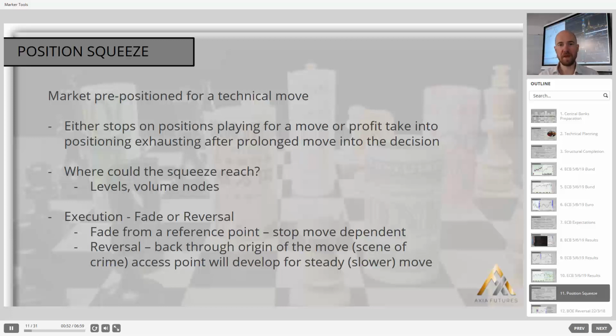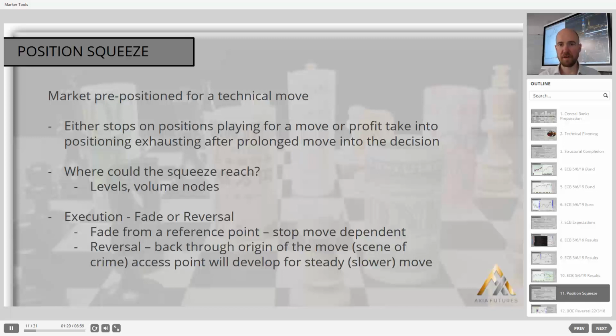What that means, and this is similar to the play in the euro that we discussed over the ECB, is you've got a lot of people in a position with quite tight stops, essentially not wanting to take too much risk on this trade. What can then happen is you get a stop out of those positions, there's your squeeze, and then the move continues in the way that it was going to go. So that's your first way of looking at it.